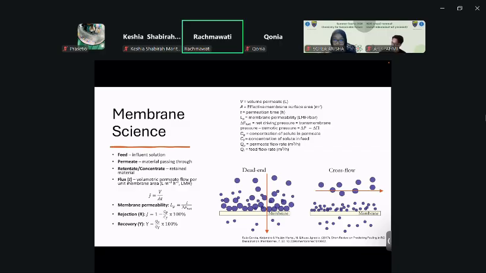And then in membrane science itself, there are two types of flow that you might want to keep in mind. The first one is dead end, which means the flow goes down, perpendicular to the membrane. You can see that this one is the feed, this one here is the permeate, and this one is the membrane. When we call this dead end, it's one way.